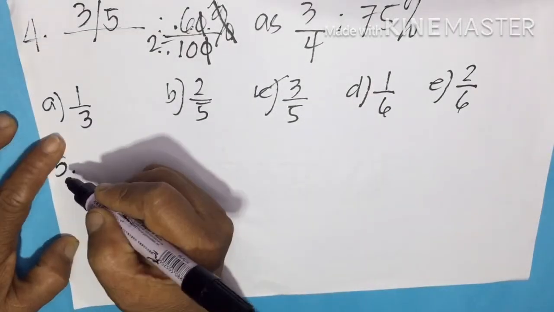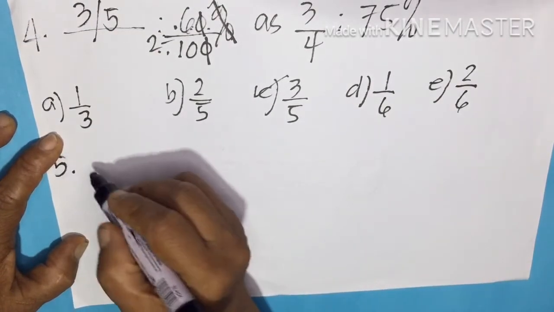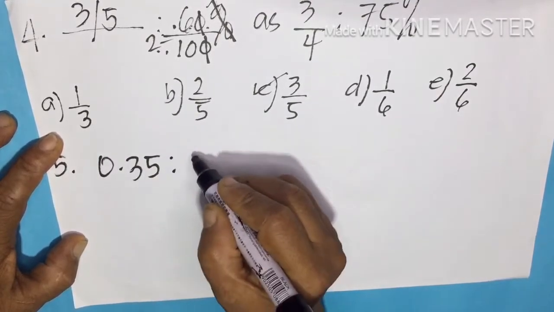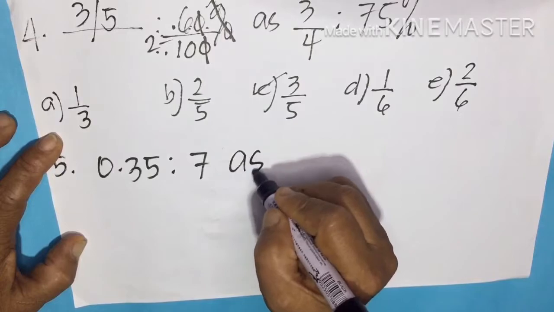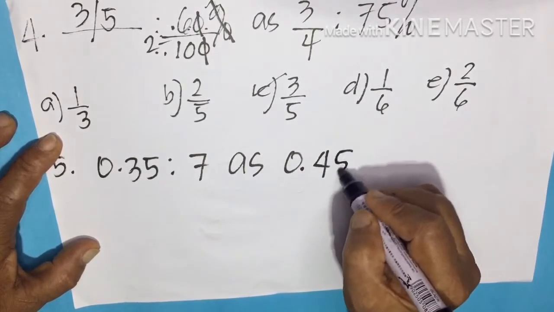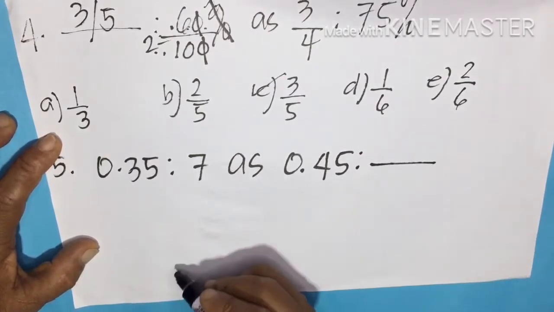Number 5. 0.35 is to 7 as 0.45 is to blank.